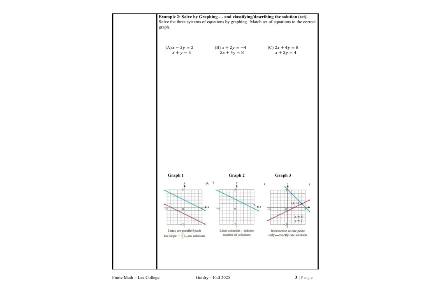So we're going to go to the next page, and on the next page, we're going to solve by graphing again. This time, let's use solving for y, putting it in slope-intercept form, and then we're going to match each one of these to the graph that matches the system. So in the first one, I have x minus 2y equals 2.